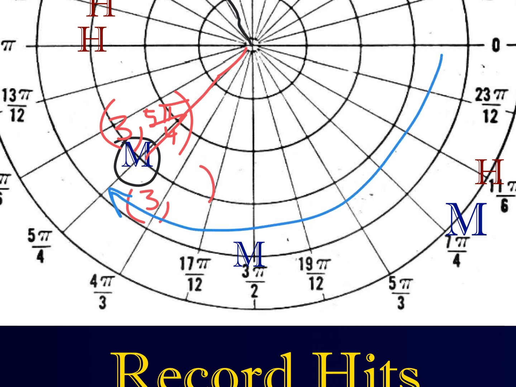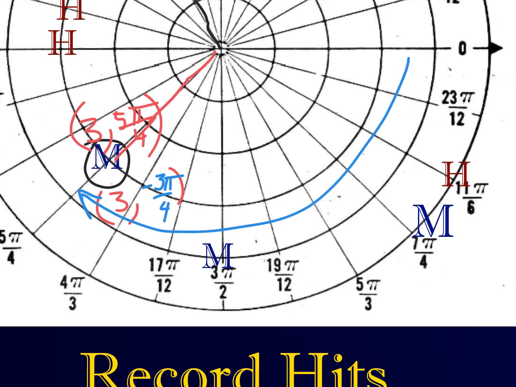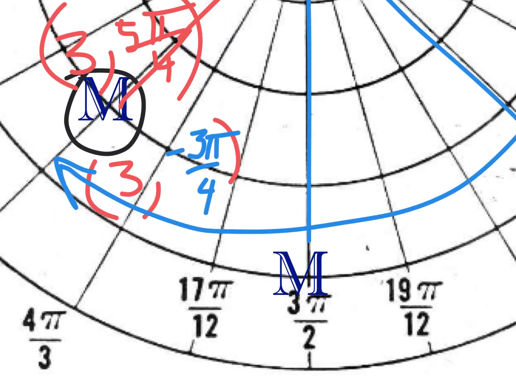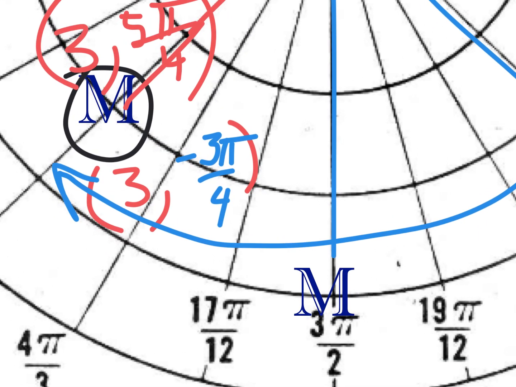And it's still going to be in pi over 4s, isn't it? But it's going to be a negative, how many pi over 4s? 3 pi over 4. 1 pi over 4 would be way over here, and this would be 2 pi over 4. So this one was negative 3 pi over 4. Okay.